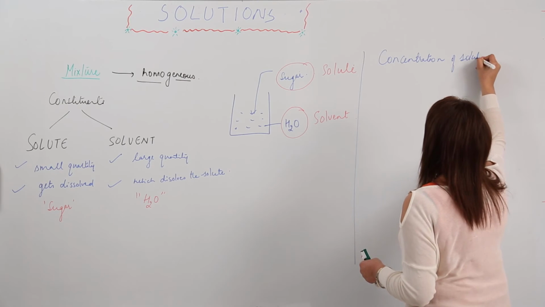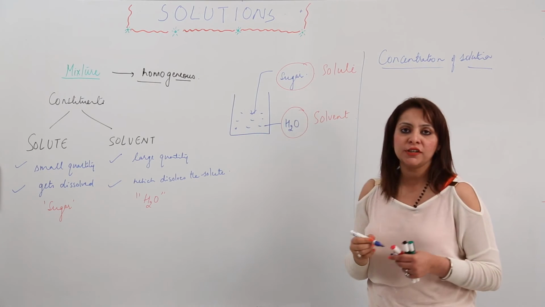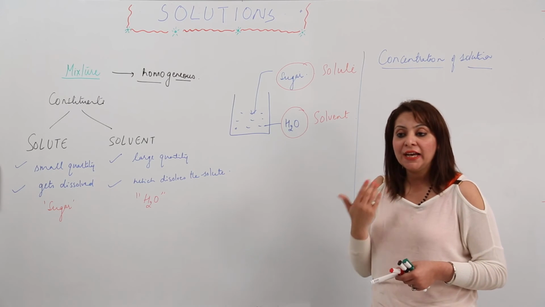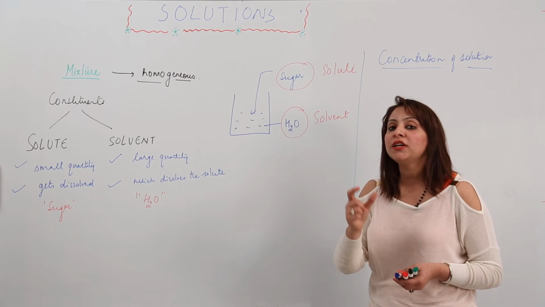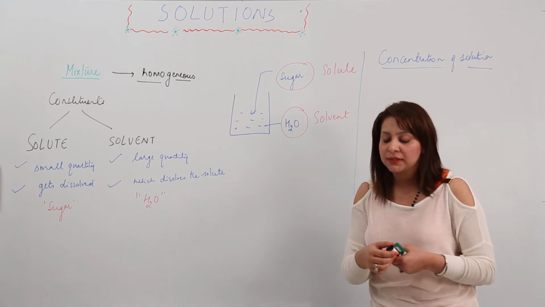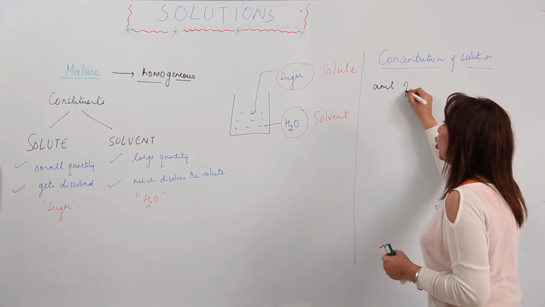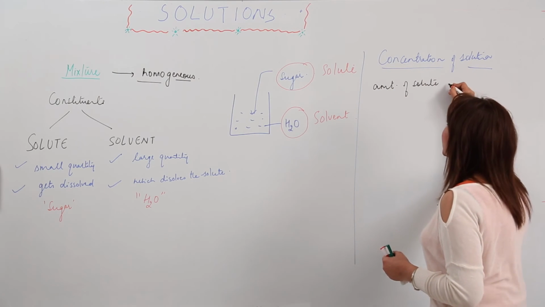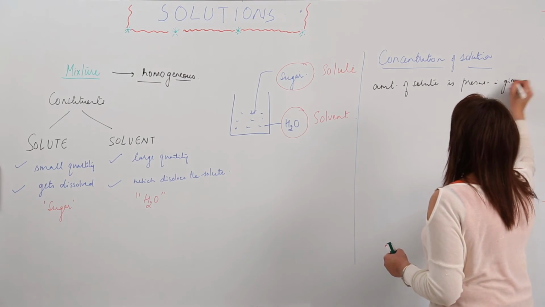If this sugar is dissolved in water and we get this sugar solution, and I ask you what is the concentration of this solution, you should know what concentration actually means. Concentration actually means the amount of solute which is present in a given weight of solvent.